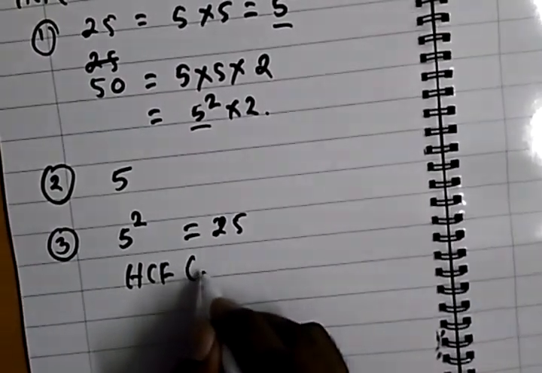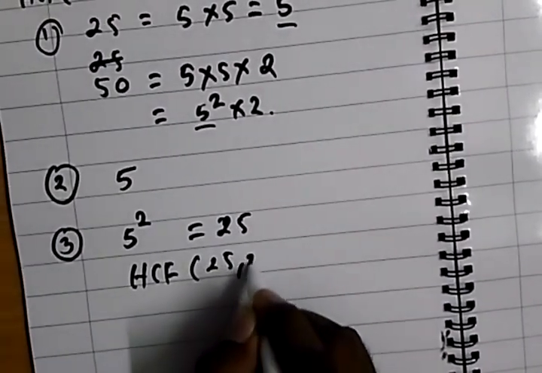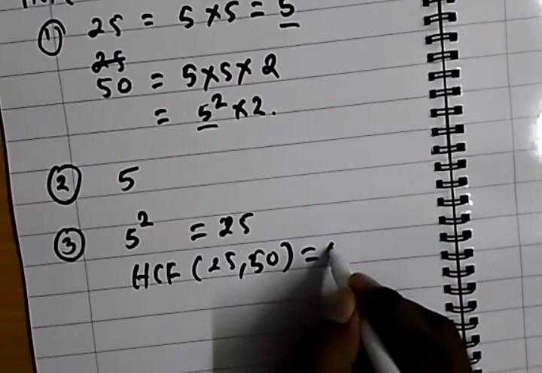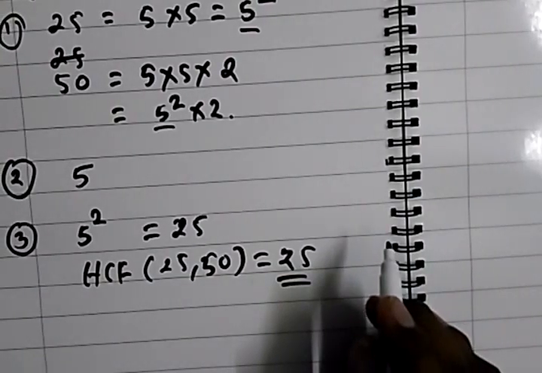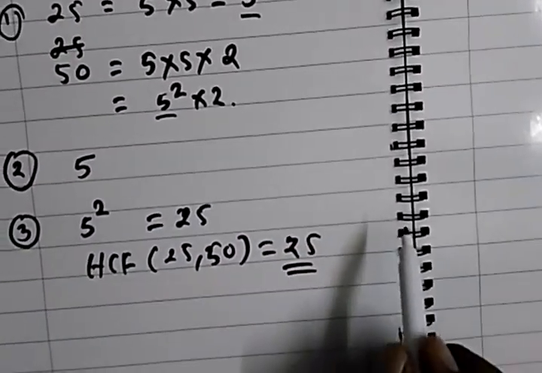So 5 square is 25. So HCF of 25 and 50 is 25. So 25 is the highest number which divides both 25 and 50. We can see 25 can divide 25 and 25 can also divide 50.